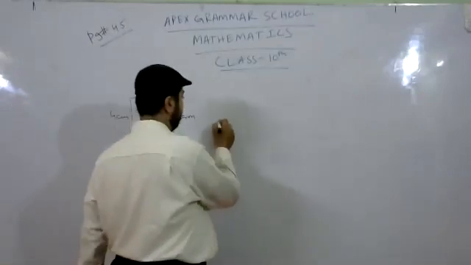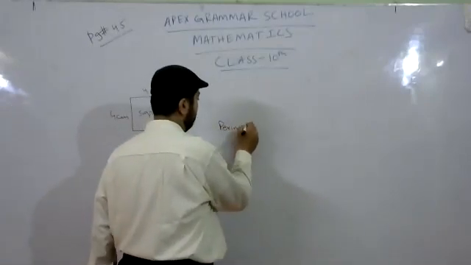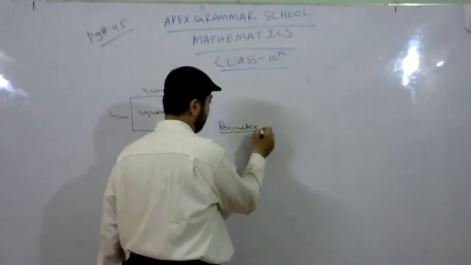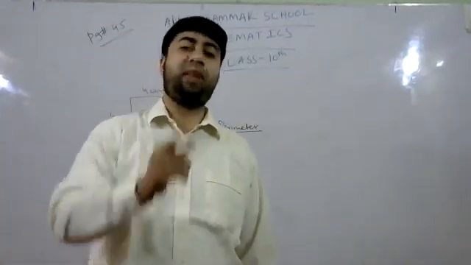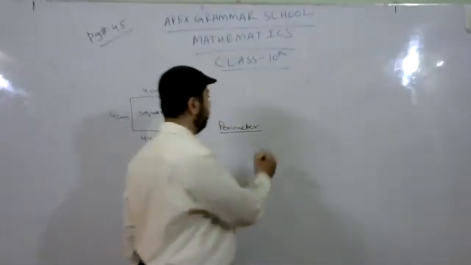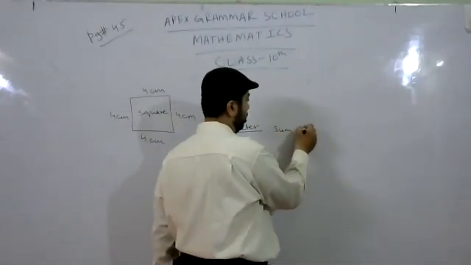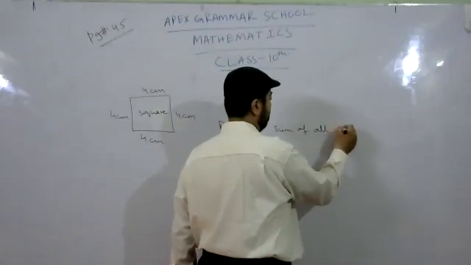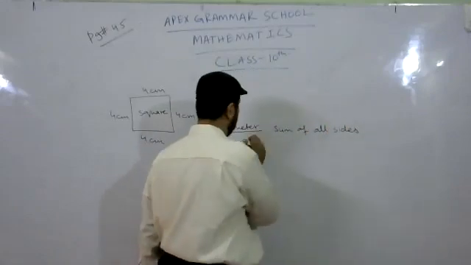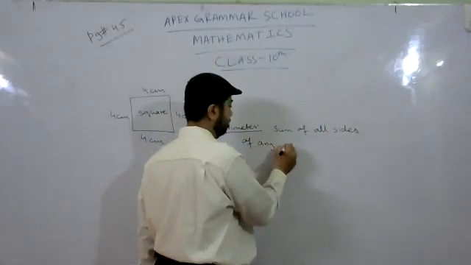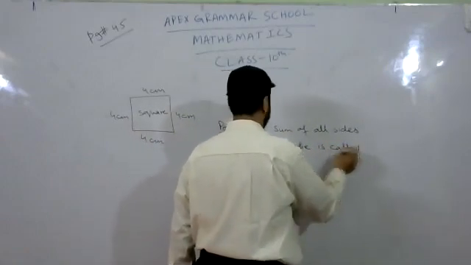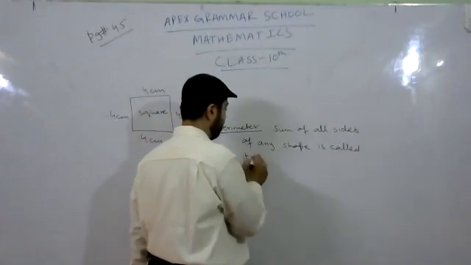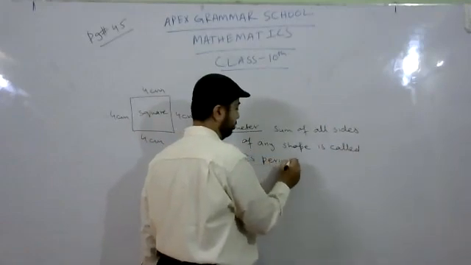The perimeter definition is the sum of all sides of any shape. The sum of all sides of any shape is called its perimeter.